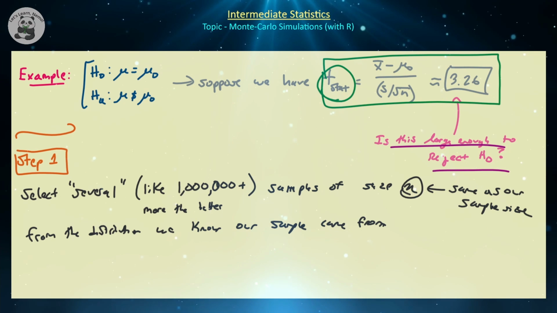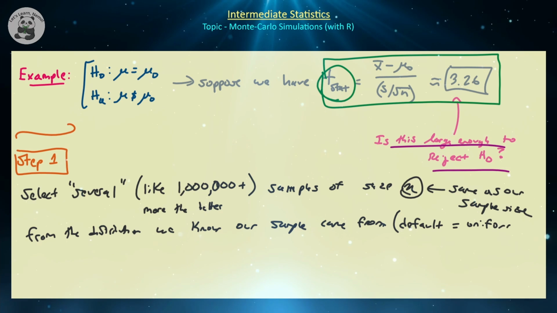And if we do not know what distribution our sample came from, then you can default it to a uniform distribution, because a uniform distribution does not have any shape. Everything is equally likely as far as we know, right? So the uniform distribution, as mentioned before, is the distribution that you use when practically you don't know anything about what you're sampling from.